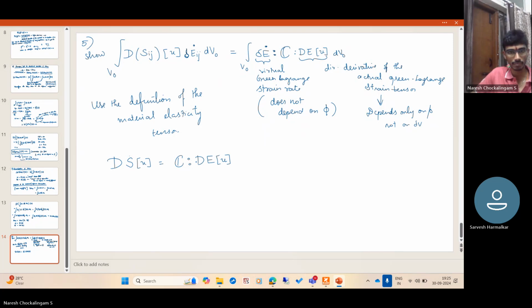the second Piola-Kirchhoff stress. So this is a fourth order tensor.